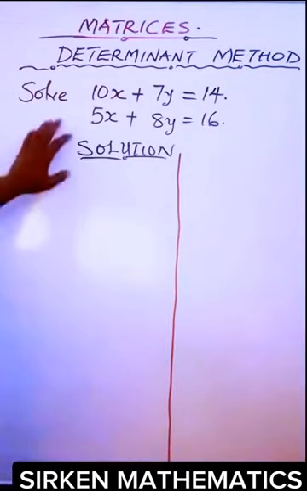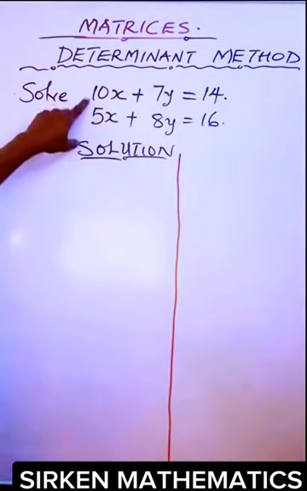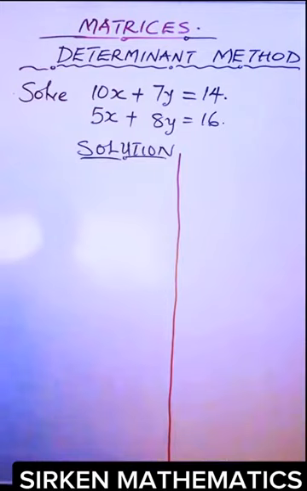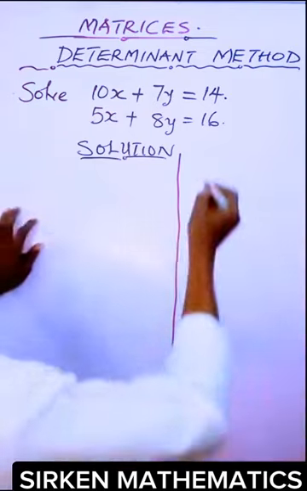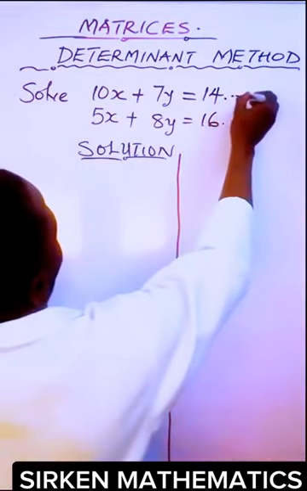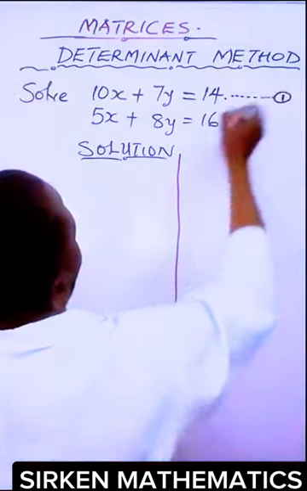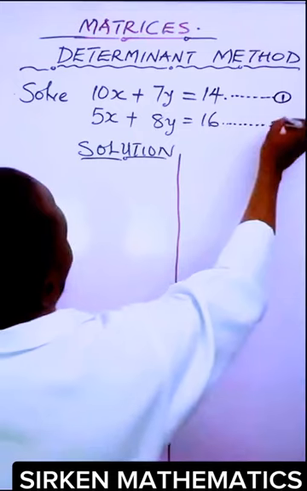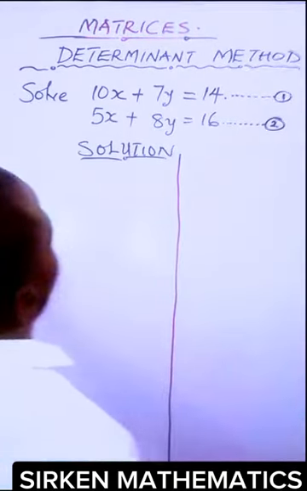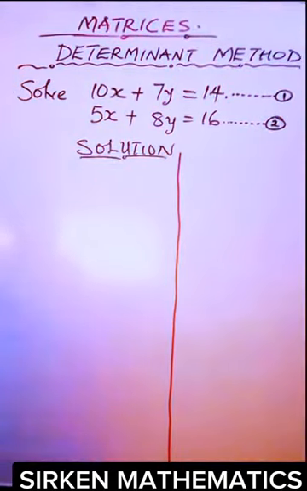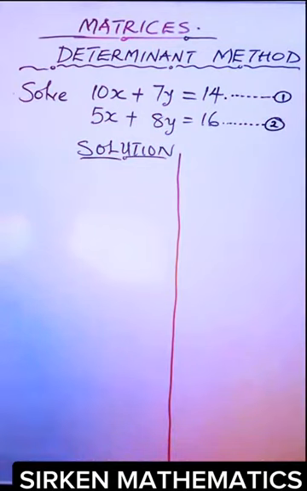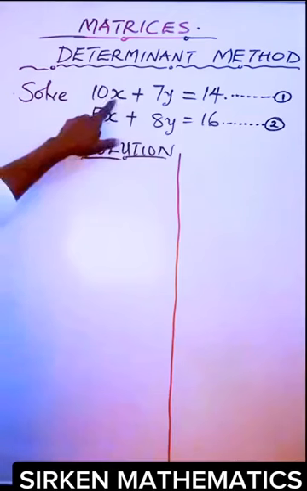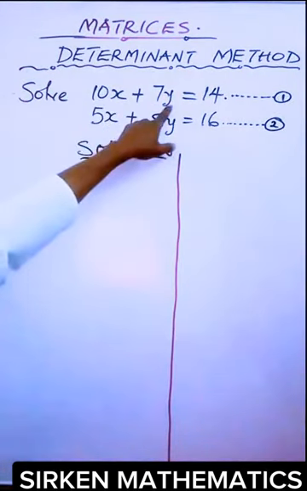Alright, then give us these two linear equations. Let me call this equation 1. Let me call this one equation 2. Okay, what I'm going to do, we have the variables x and y.